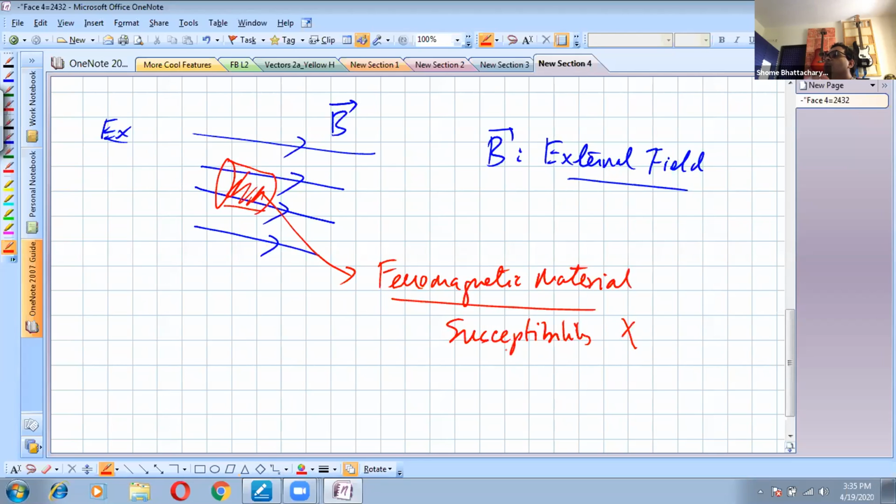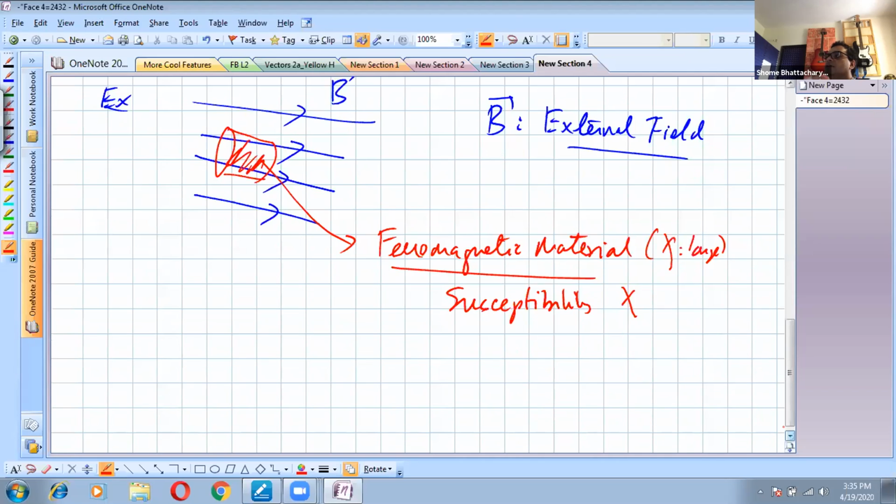And typically for ferromagnetic materials, chi is very large. It can be a number like 50 or 60. So then there is an induced field, which is created because of the magnetic domains aligning with that. So that is the internal induced field, and that becomes susceptibility times the external field.